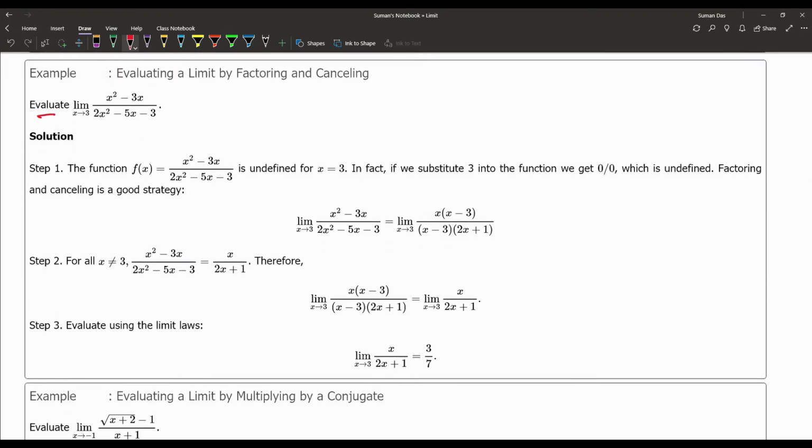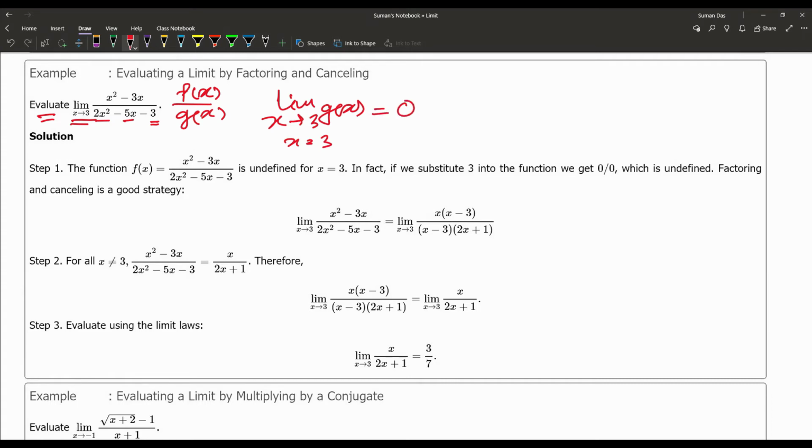We have to evaluate the limit as x approaches 3 of (x square minus 3x) upon (2x square minus 5x minus 3). So here that is the f(x) upon g(x) format. At first we have to check whether g(x) becomes 0 at x equal to 3.